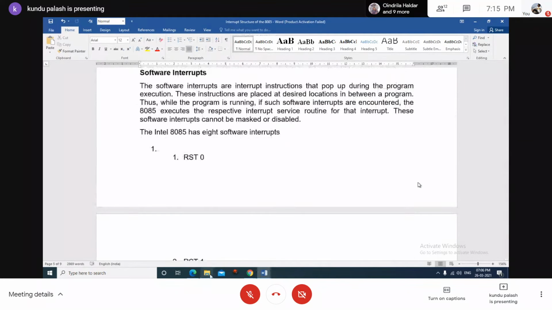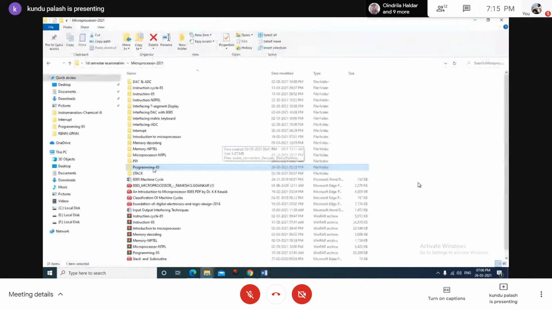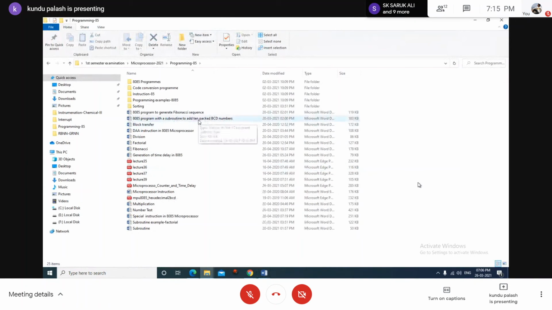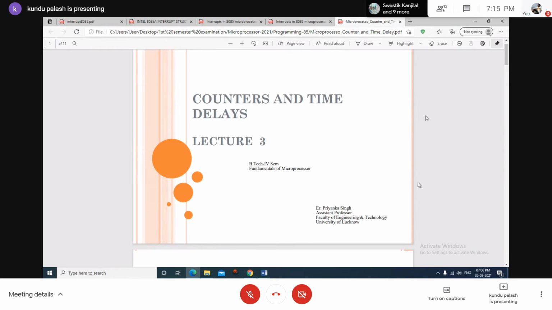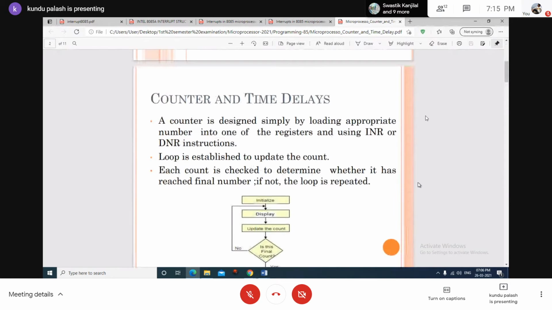Now again we are going to an important area of programming, that means time delay generation. With the help of a program or software, a counter and a time delay can be generated. We know in digital electronics what is a counter.